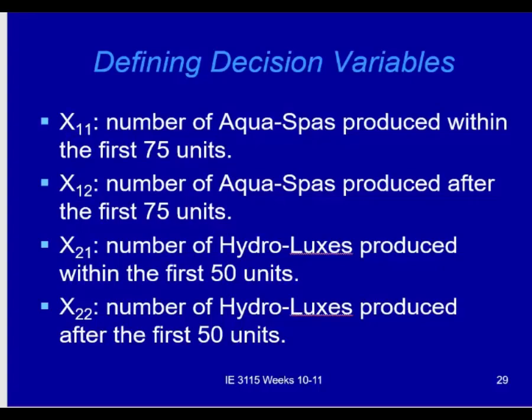One represents the number of the EquaBus produced within the first 75 units, and the other represents after the 75 units. Same for the HydroLux. The first represents the number produced within the first 50 units, and the second one represents the number produced after the first 50 units. So we'll keep this in mind when we implement it in Excel.